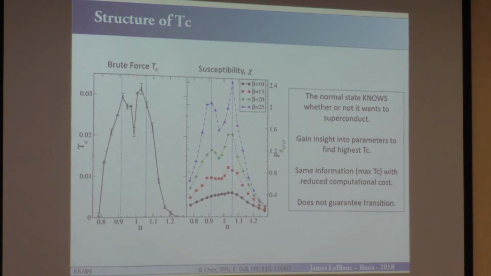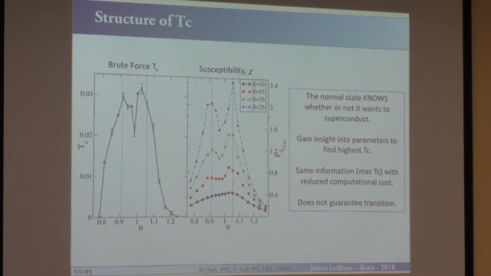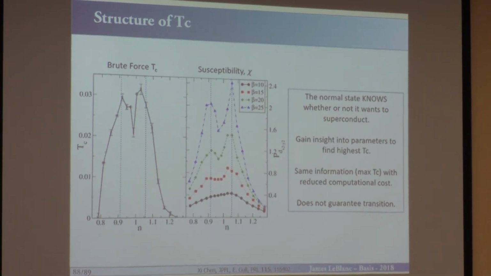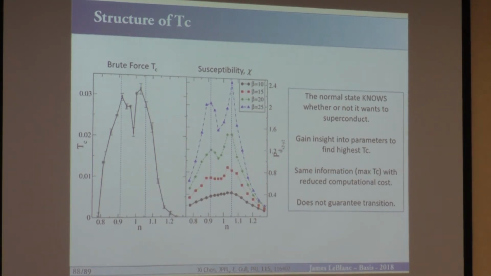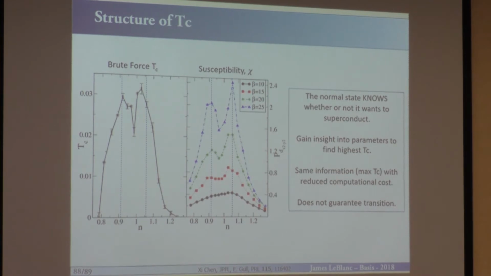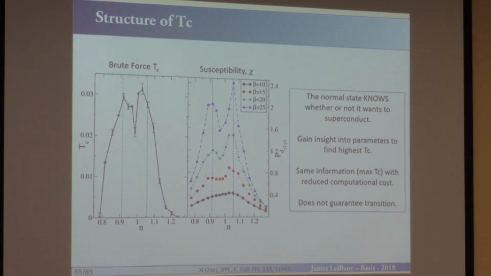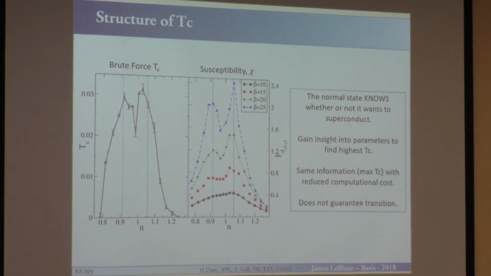With factors of maybe 2 or 3 above the transition temperature, you can basically see that you have a large susceptibility to a certain type of ordering. So this idea that you could take any model, do the same sort of procedure, and quickly sweep parameter space to look for superconducting orders, we think that maybe that could help with trying to identify places where there are going to be phase transitions.